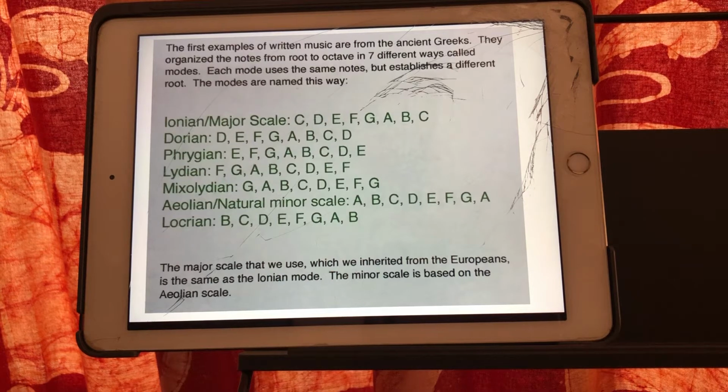And I'll play one more, the Phrygian mode on an E. Interestingly, I think the Greeks favored the Dorian mode. That's what they wrote most of their melodies around, starting on the D.